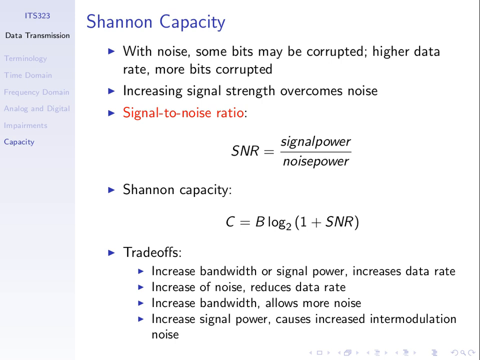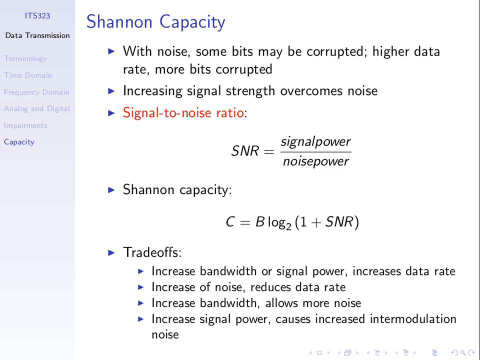The higher the signal power, the more data. And of course, it depends upon bandwidth. So Shannon says that the capacity of our channel is equal to the bandwidth multiplied by log base 2 of 1 plus the signal to noise ratio.